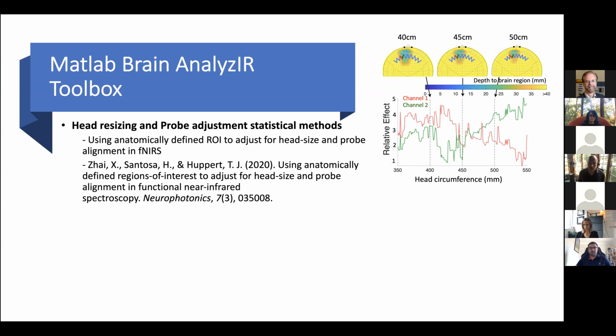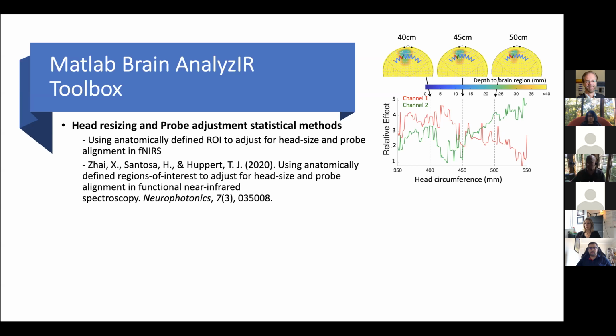So this is an example from a paper that we recently got published this month in Neurophotonics, where what we're looking at here is basically if we had a probe that was across the forehead on kids with different head sizes, what happens is the activity, I think this is maybe BA 10 or so, it changes which channels are being projected as the head size grows.